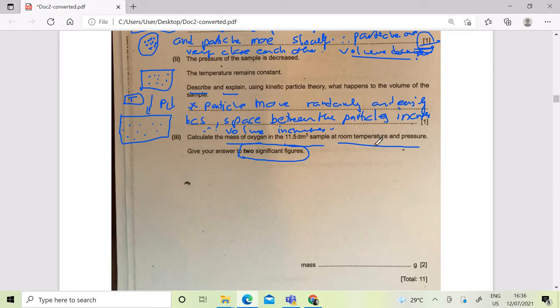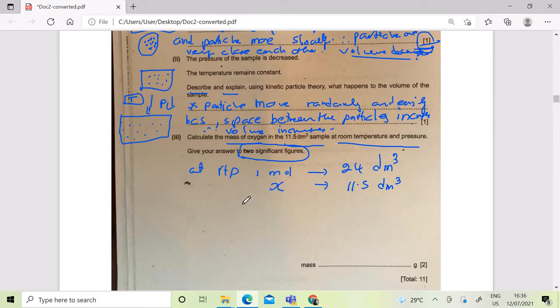The only thing you need to know is that at room temperature and pressure, 1 mole of any gas occupies 24 cubic decimeter. That is the gas molar volume. You are supposed to know that. Then from 11.5 cubic decimeter, you can find how many moles of the gas.